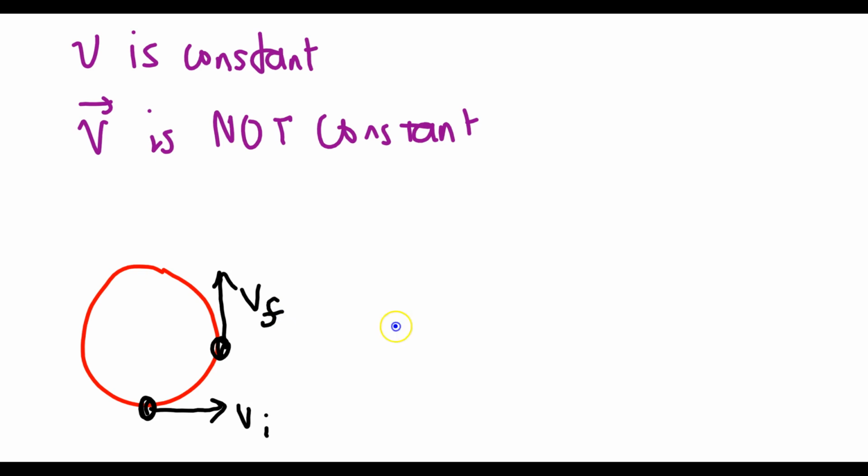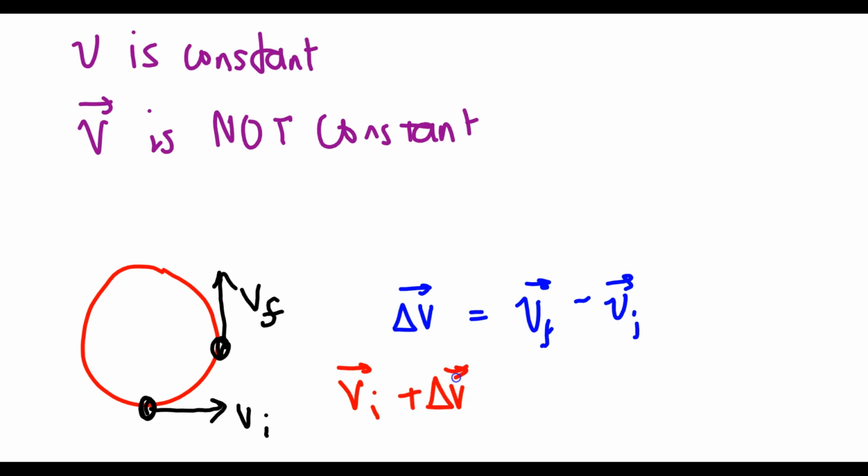We know that delta velocity, change in velocity, is final velocity minus initial. We also know that we could add VI to both sides, and we get this. So what does the equation say that we just wrote down? It says VF is the resultant.